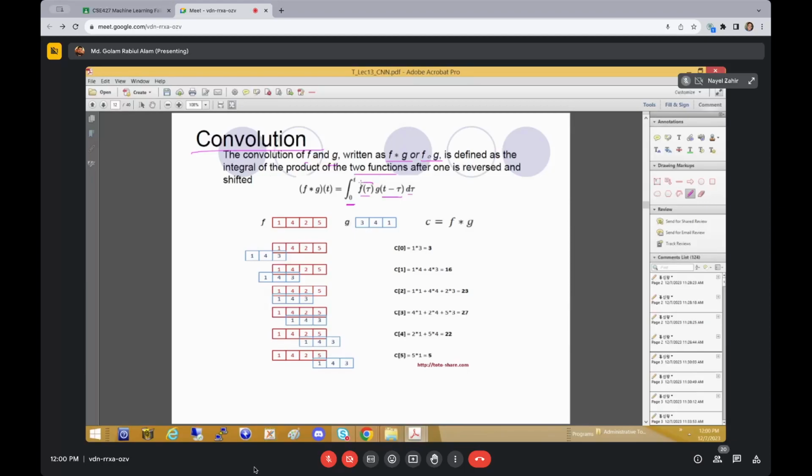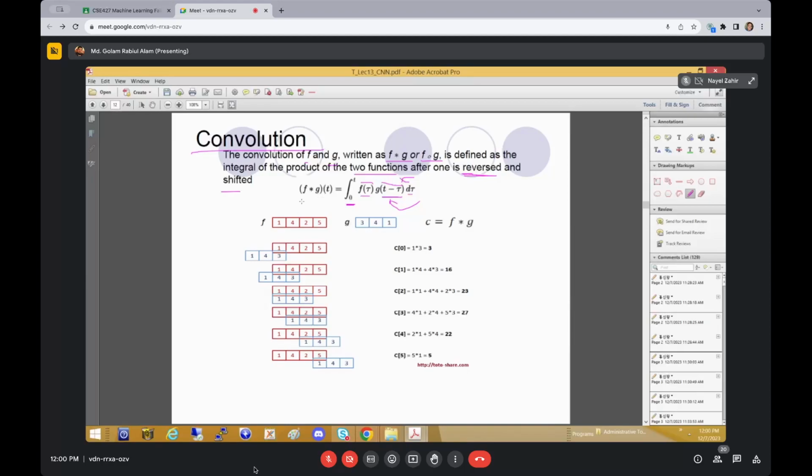Here one function is this and another function is this. But what we have to do is reverse one of the two functions. G is reversed and shifted, so we have to do some form of shifting.